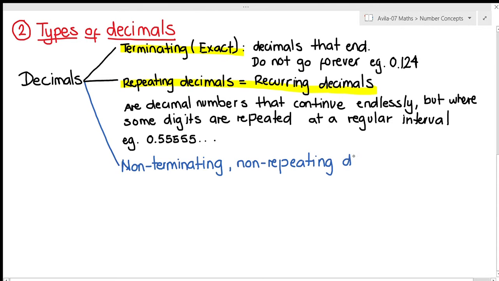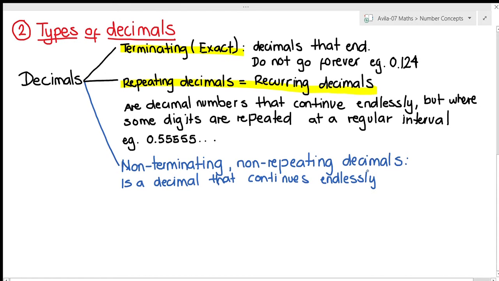And as its name says, it's a decimal that is going to continue forever, but it doesn't repeat itself. It doesn't have any digits that repeat themselves. So I'm going to write that down. It's a decimal. And lastly, with no group of digits repeating.